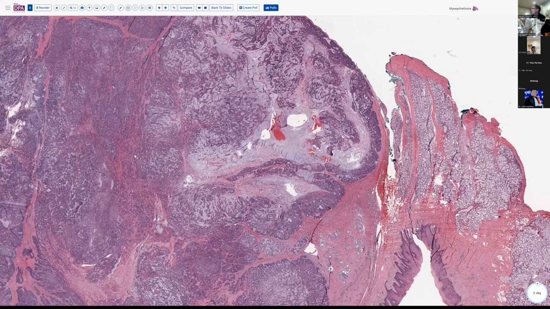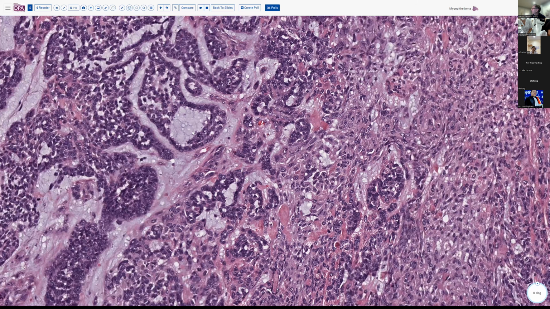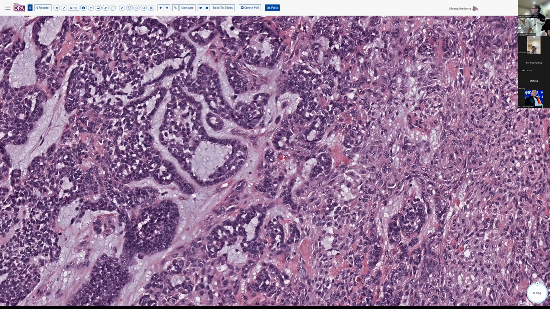And you can see there's some chaining and nesting of these cells here along with this mucoid material. Not any really true clear-cut ducts being formed per se.